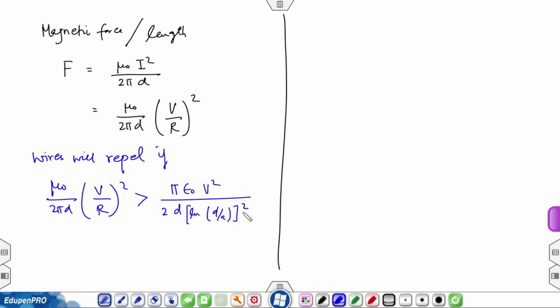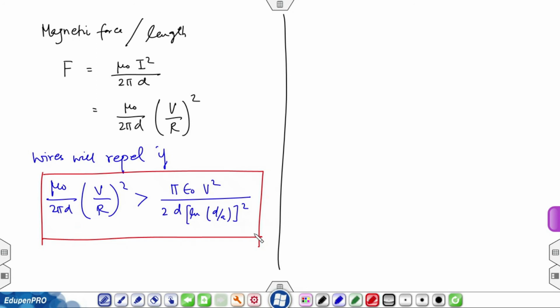That gives you a value of R across which the nature of force will change from repulsive to attractive or attractive to repulsive, and this gives you R less than 1 over pi square root of mu 0 over epsilon 0 log of d over a. In that case, they will repel, otherwise they will attract.